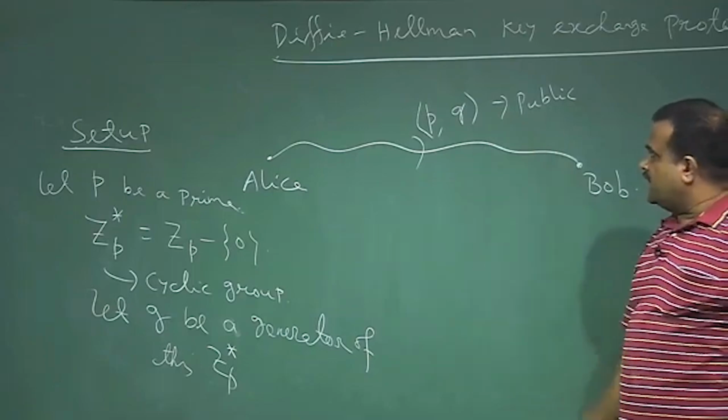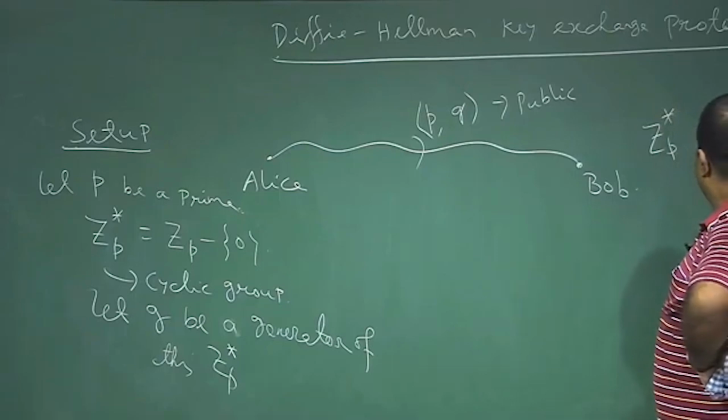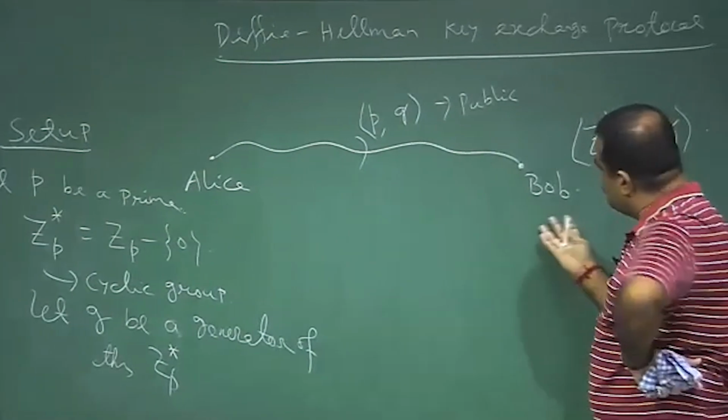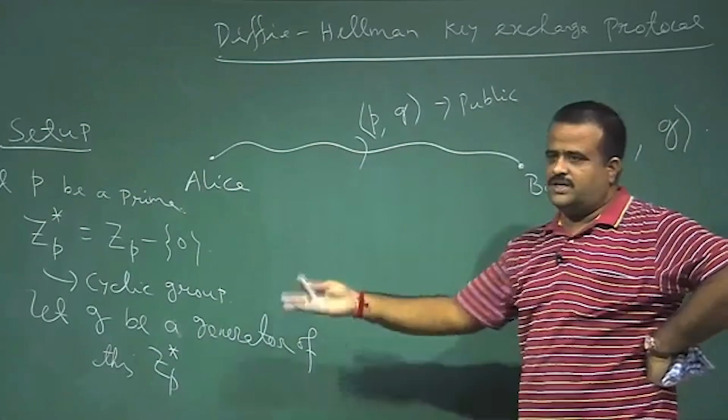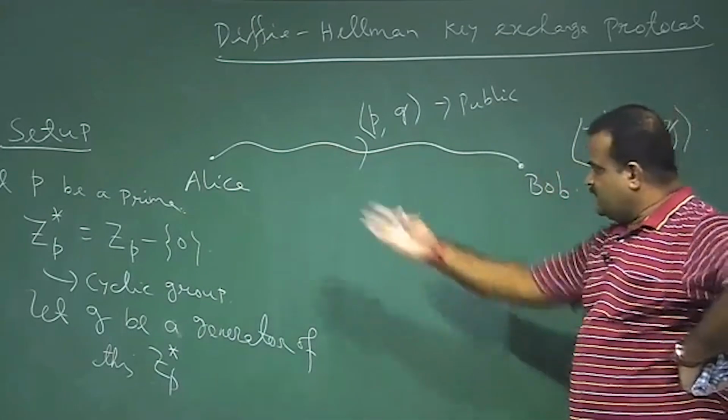So now they have agreed on this P, Zp star and the generator G. Both parties have it. This setup can be done by Bob also; in that case, Bob has to send P and G to Alice. But anyway, this is the setup phase.